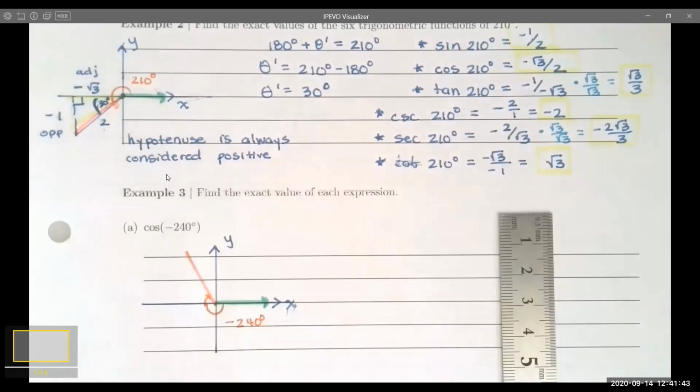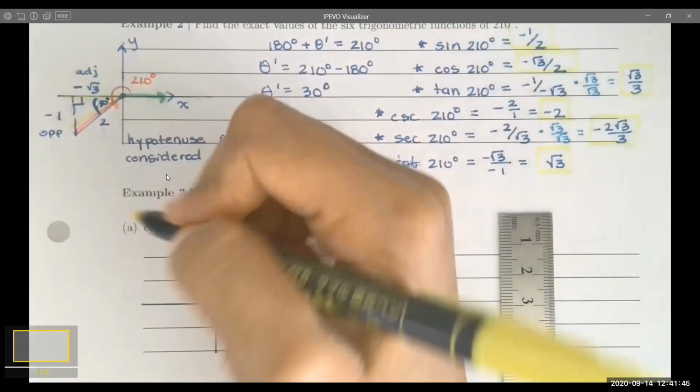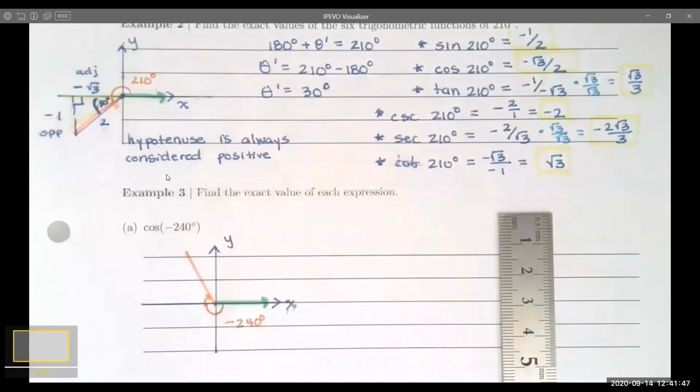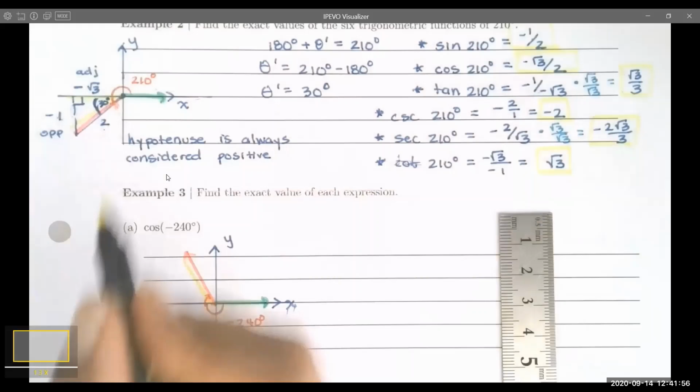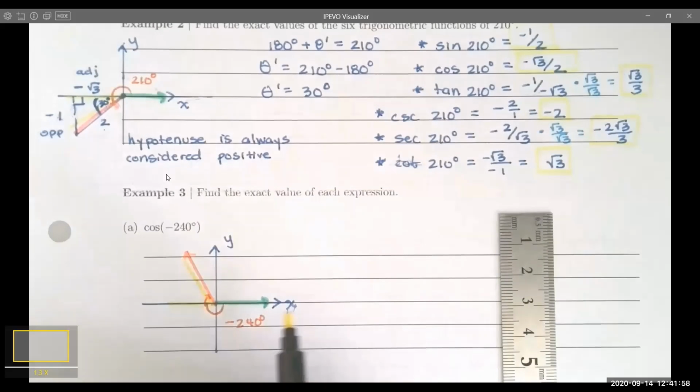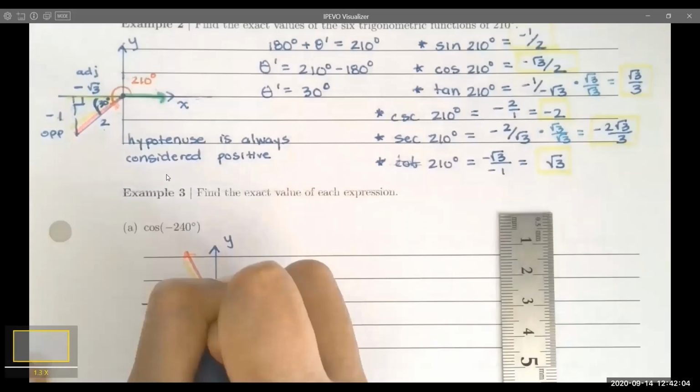Now to find the reference angle, it's supposed to be between terminal side and the x-axis, the part of the x-axis that makes the angle acute. So it's going to be between terminal side and the negative x-axis. That's how we obtain an acute angle. So this here would be our theta prime.